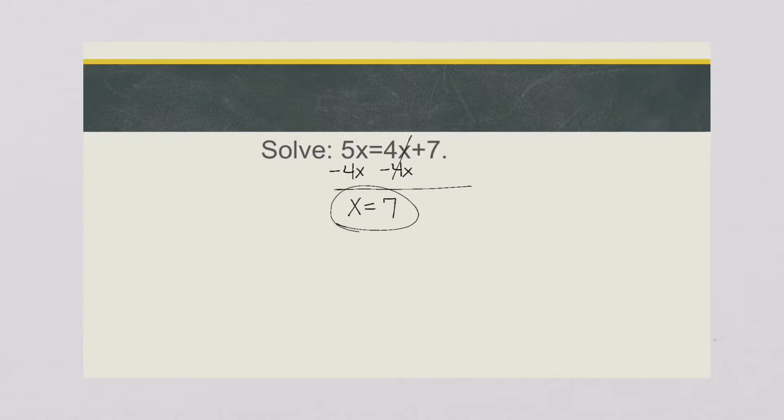Let's put 7 in where we have both of our x's. I've got 5 times 7. Is that equal to 4 times 7 plus 7? 5 times 7 is 35. 4 times 7 is 28. 28 plus 7 is 35. So I know that this is the correct answer.